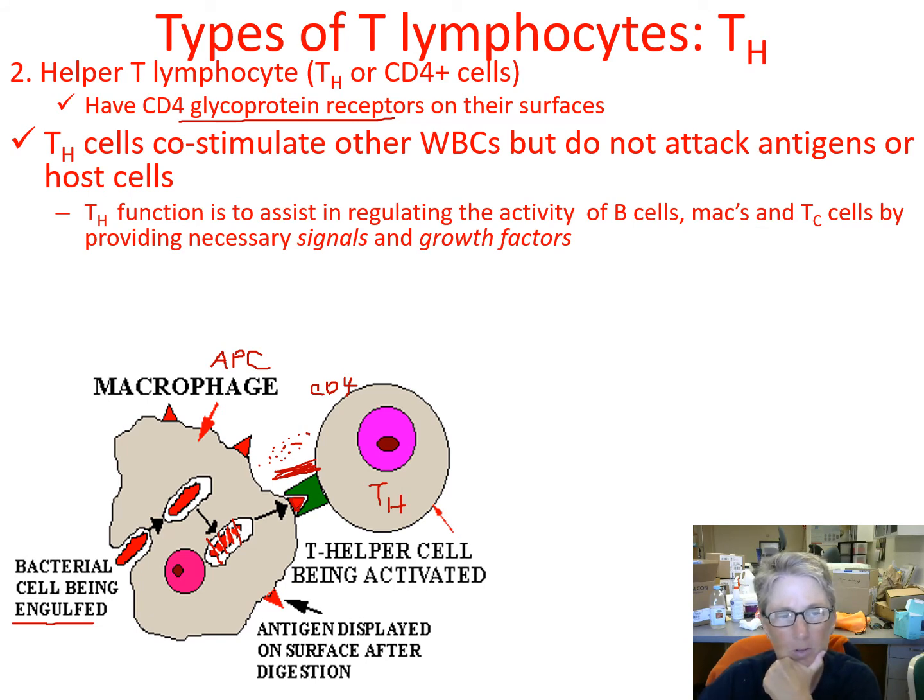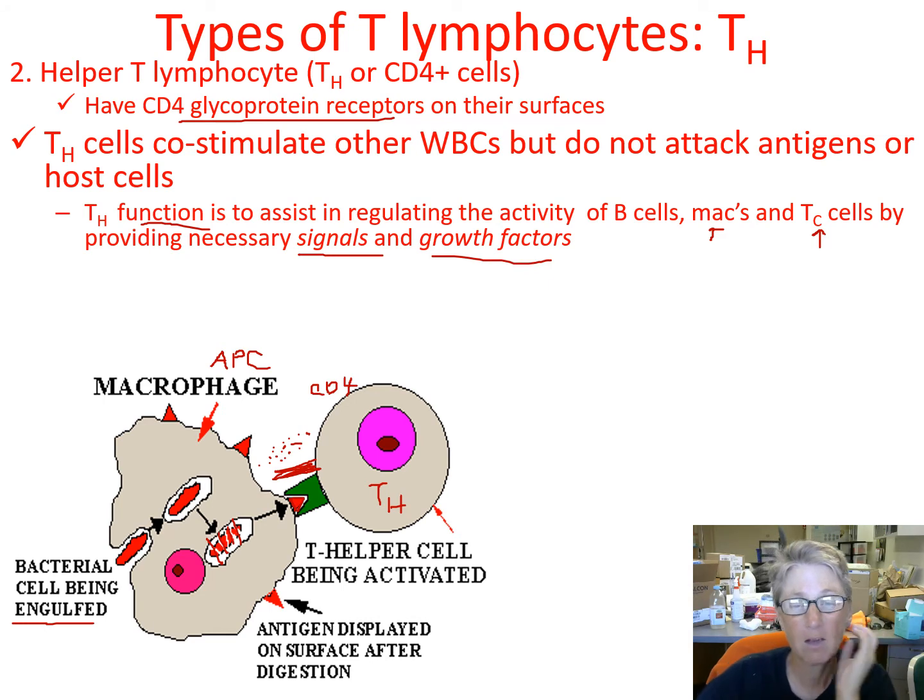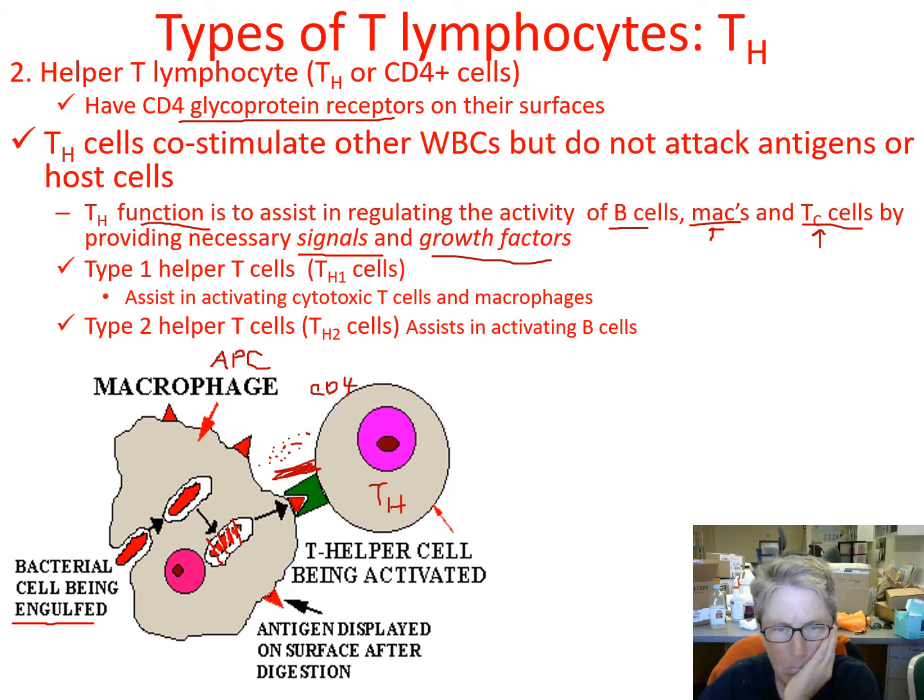So helper T cells' function is to assist in regulating the activity of B cells, macrophages, cytotoxic T cells, by providing necessary signals and growth factors to fully activate those B cells, macrophages, and cytotoxic T cells. There's type 1 helper T cells. They assist in activating cytotoxic T cells and macrophages.